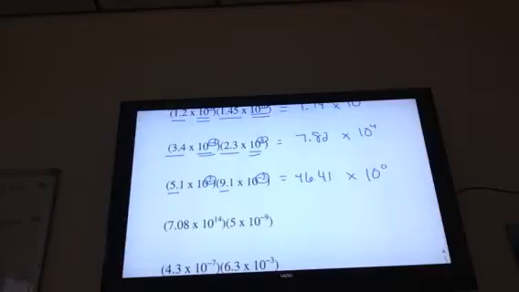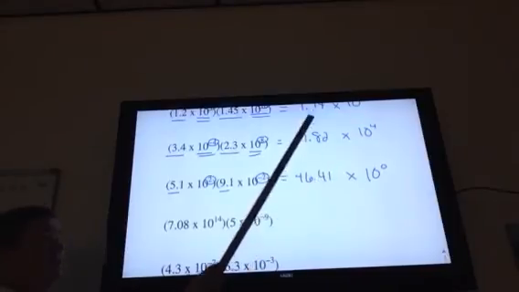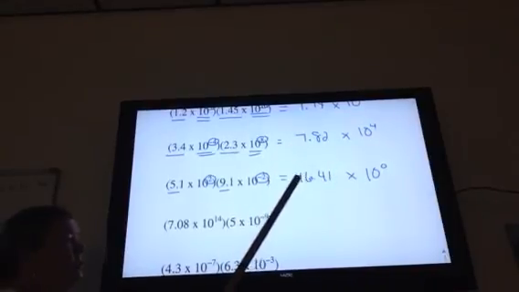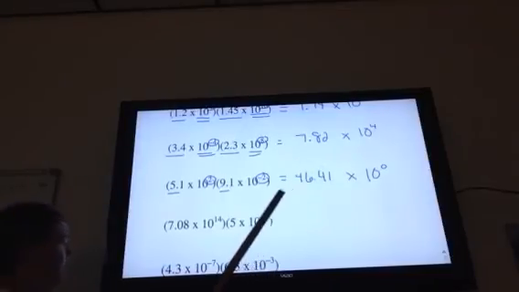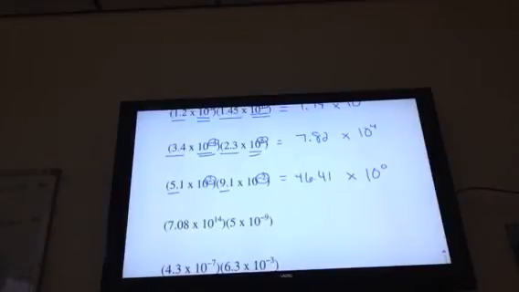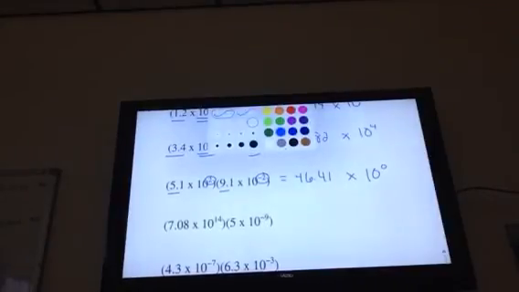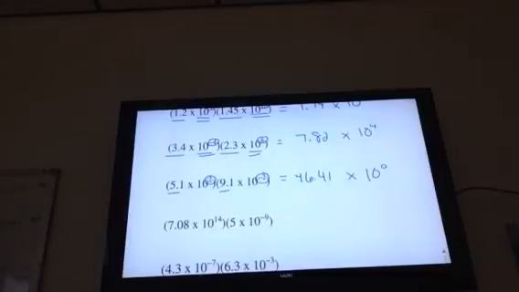Now, I cannot leave this answer as it is because this is bigger than 10. These other ones weren't. This has 2 digits in front of the decimal. This is a number that is bigger than 10. So this is not scientific notation. So, this is how you change it. You move this decimal one spot, and it will always be 1 at the most. It cannot be anything bigger.